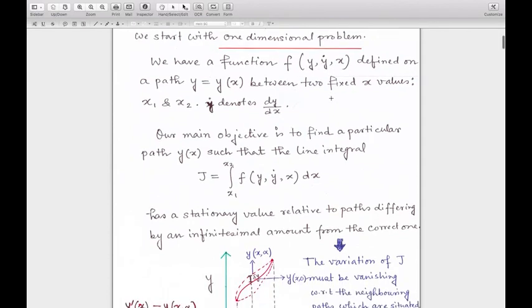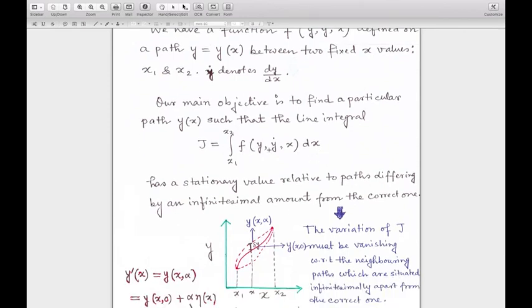Okay. Now we construct a particular line integral which is given by J, and it is the integral between x1 to x2 of f dx.